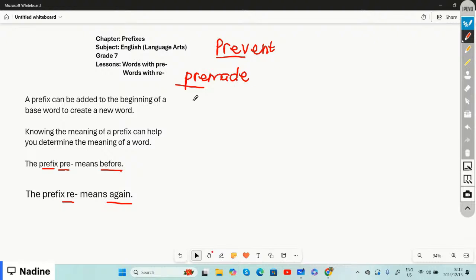So far we have two words. We have prevent, pre-made. We even have preheat. It's where we heat something while we're still busy preparing the stuff.